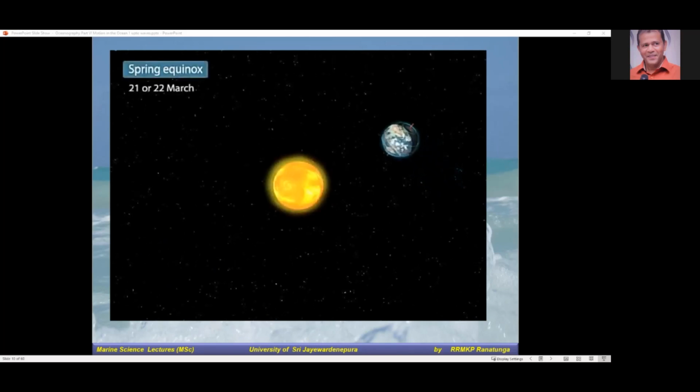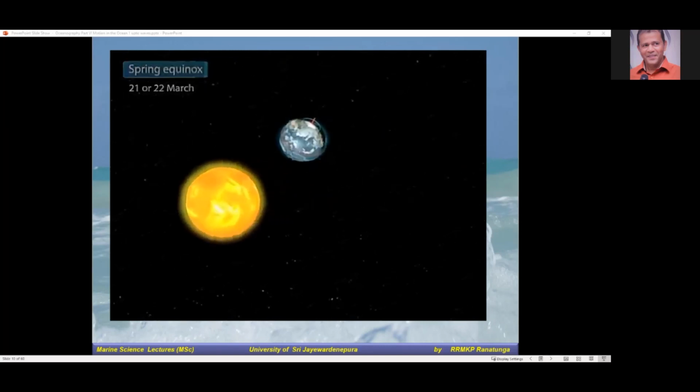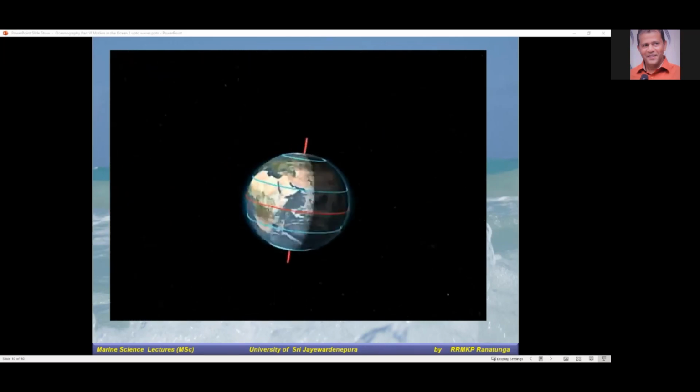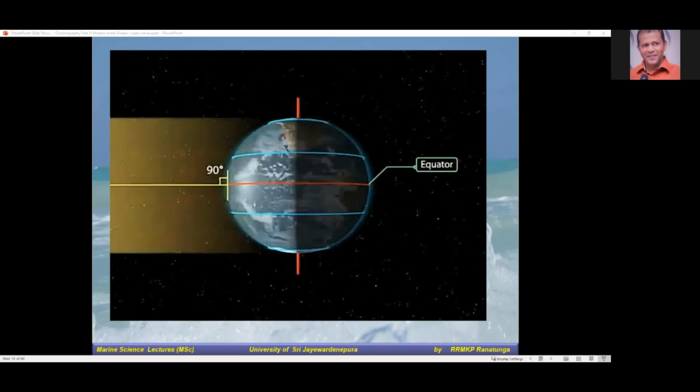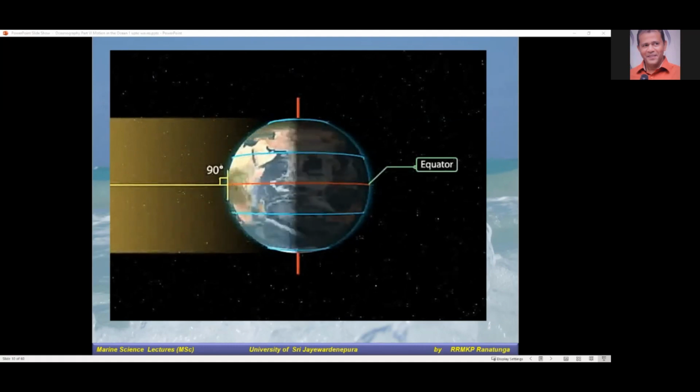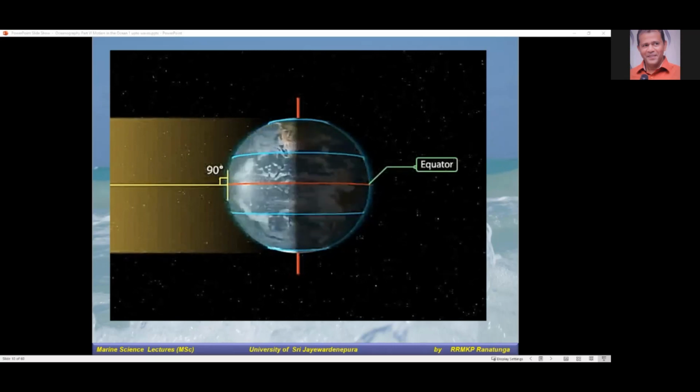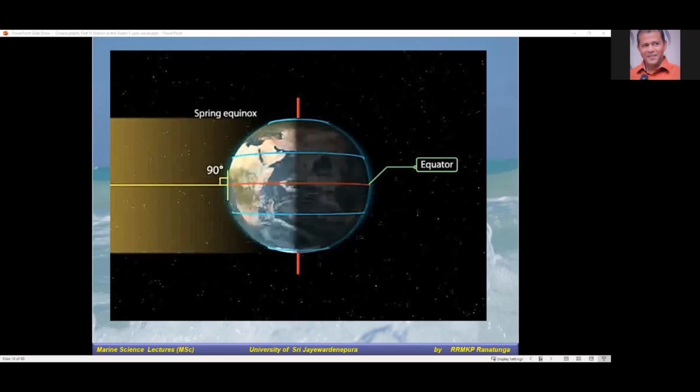Spring equinox, on the 21st or 22nd of March. The overhead sun is over the equator. The equator receives the largest amount of solar radiation. At this time, the northern hemisphere is in the spring equinox, while the southern hemisphere is in the autumn equinox.